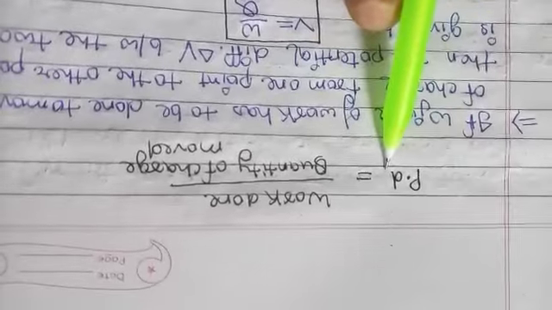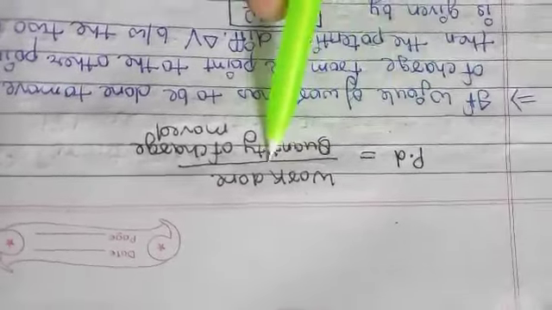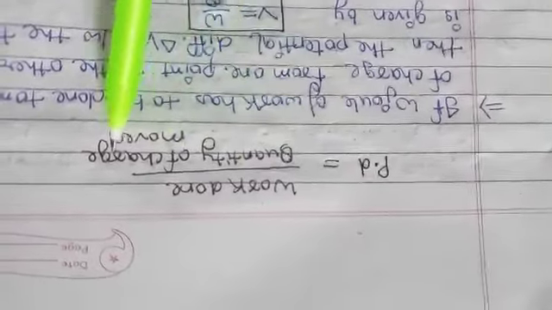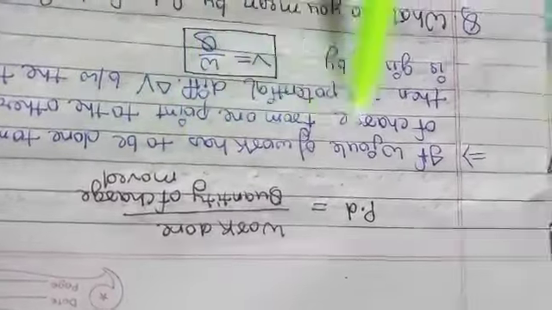To find potential difference, we use a formula. PD is equal to work done by quantity of charge moved.